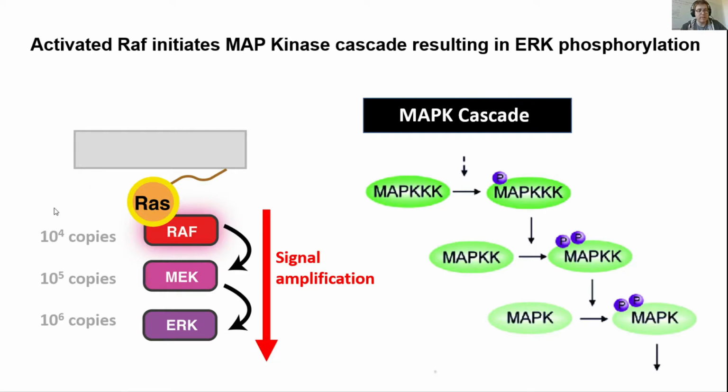And so a small number of molecules of RAF being activated can go on to activate many instances of the MEK, which can go on to activate even more copies of the ERK. And so whenever you see one of these MAP kinase cascade modules, you should just be thinking that the function is to convert a small amount of activated MAP kinase into a large amount of activated MAP kinase. In this case, the MAP kinase ERK.